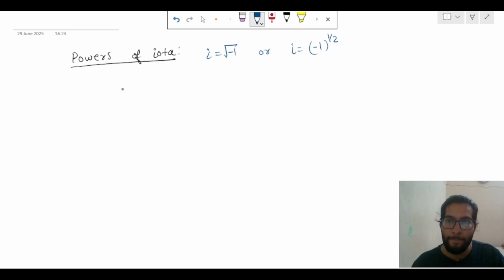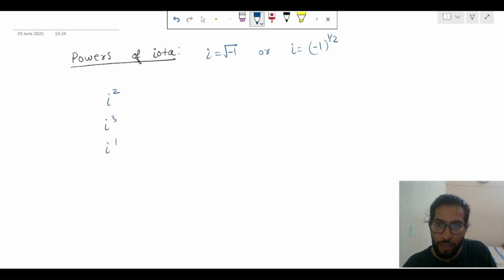Okay, now in this topic, powers of iota, we will go as iota square, iota cube, iota to power 4, up to iota to power n. Okay, and after solving all this, we will give the general and simple representation of iota to power n, how we can simplify this one. Okay, and we will do some problems as well.